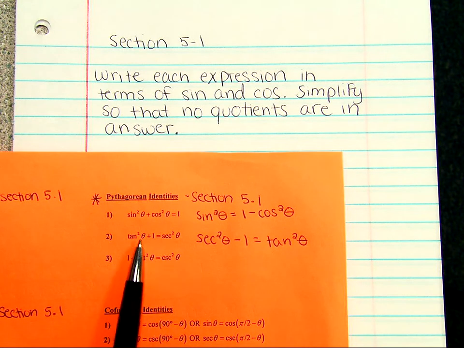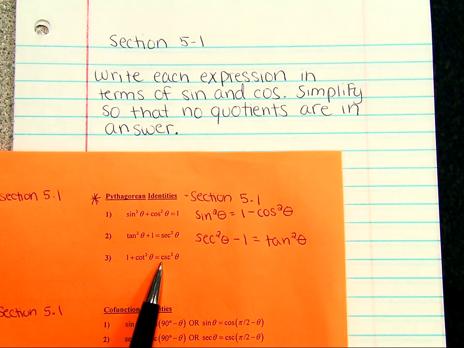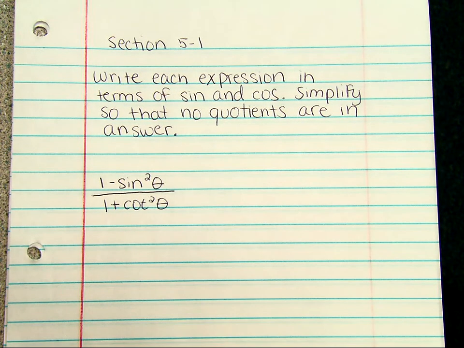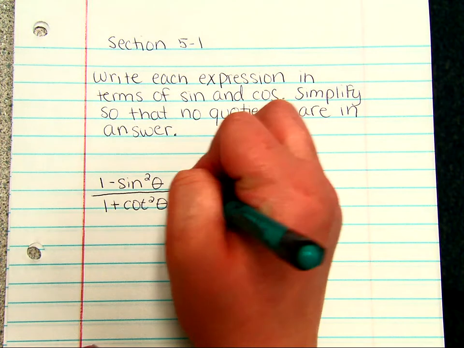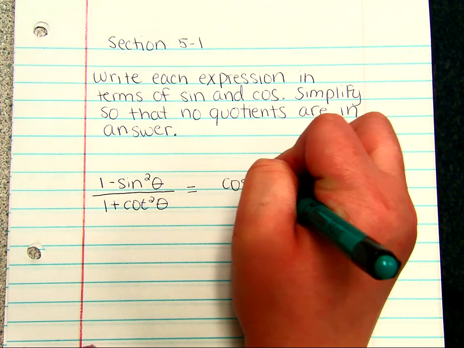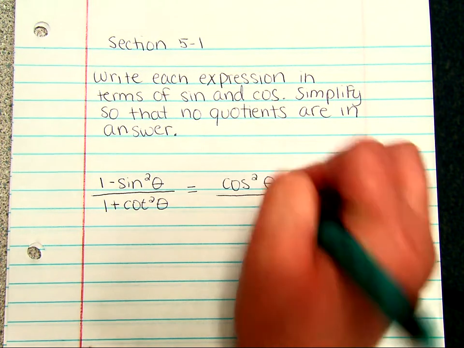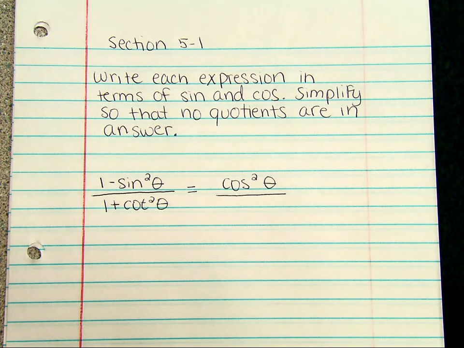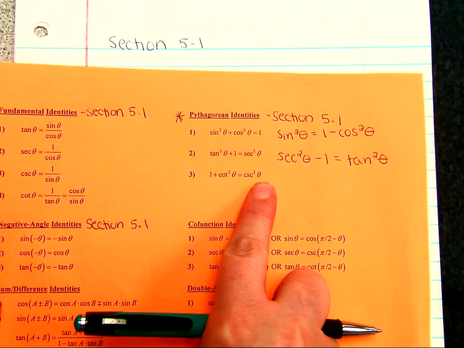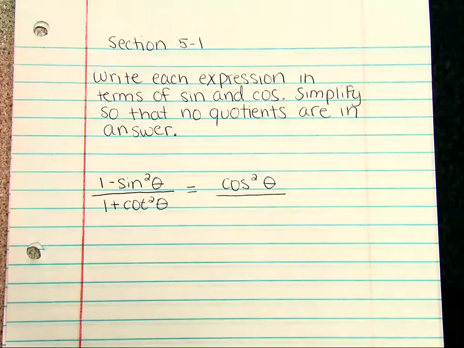And remember that these first 3 are not the only ones that I can have. So 1 minus sine squared theta is also equal to cosine squared theta over 1 plus cotangent squared theta. The nice thing about that one is that it is just one of my identities. That's cosecant squared theta.